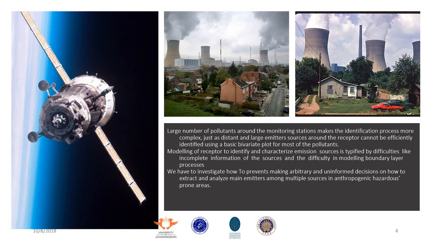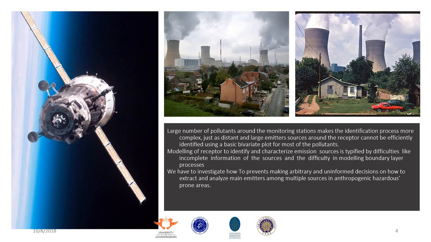So it makes the identification process more complex, such as the distant and large emitter sources around the receptors that cannot be efficiently identified using a basic bivariate plot. The modeling of the receptors to identify and characterize emission sources is typified by difficulties like incomplete information of the sources and the difficulty in modeling boundary layer processes.